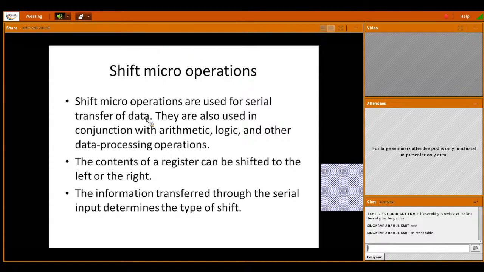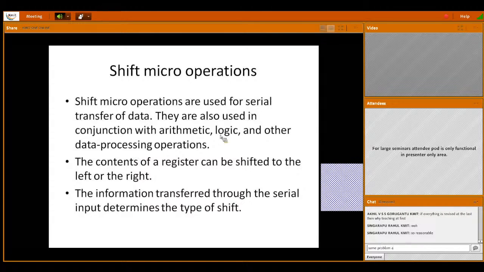There are different types of shift micro operations. One is logical shift, and the other is arithmetic shift.